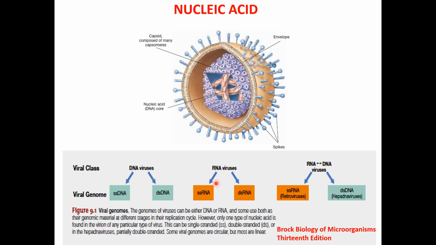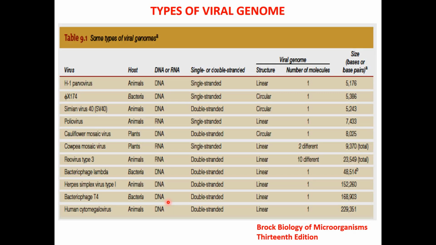DNA viruses and RNA viruses are further classified into single-stranded DNA viruses or double-stranded DNA viruses. So these are some of the types of the viral genome, along with their host. For example, H1 parvovirus, which is an animal virus, is a single-stranded DNA virus. Phi X174 is a bacteriophage and is a single-stranded DNA virus.